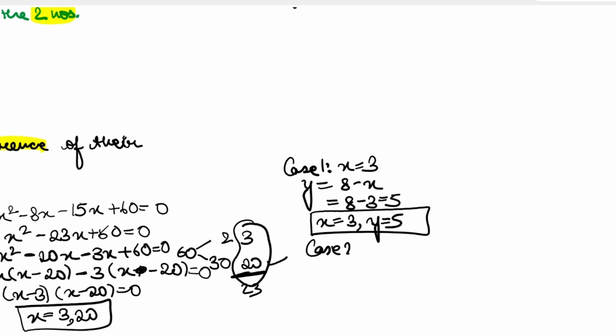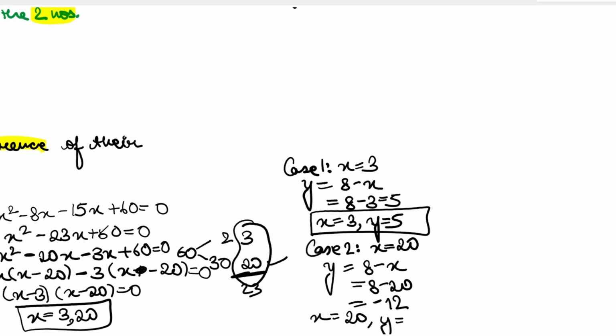Then case 2, x is equal to 20. So y becomes 8 minus 20, which is equal to minus 12. So now x becomes 20 and y becomes minus 12. This is the second case.